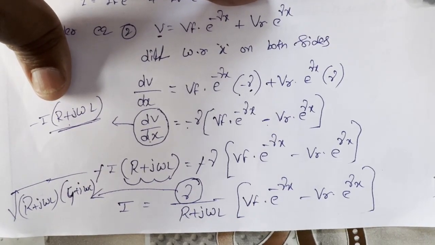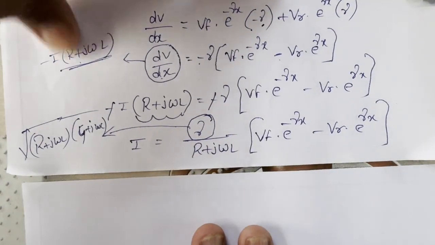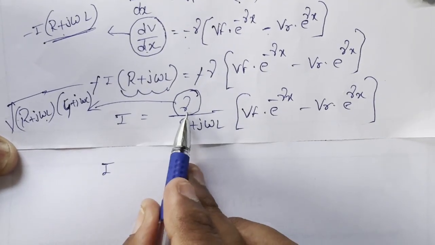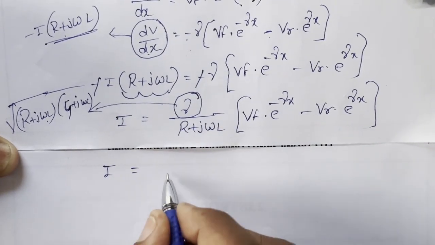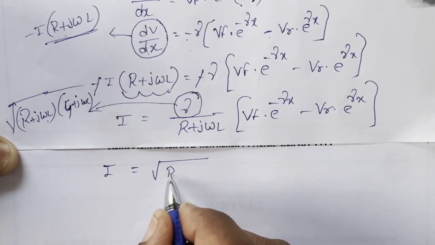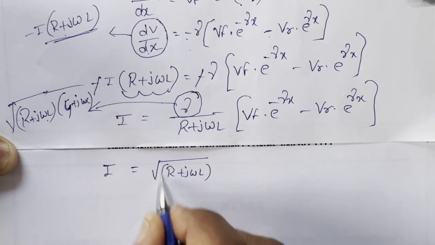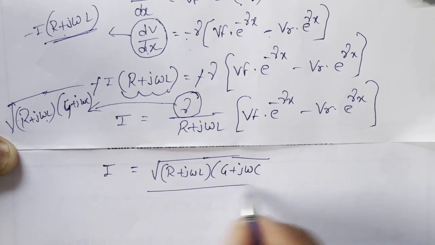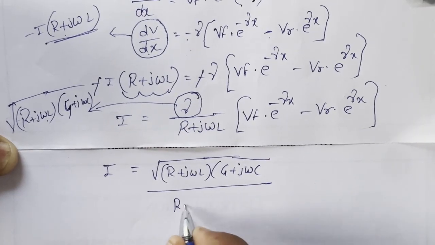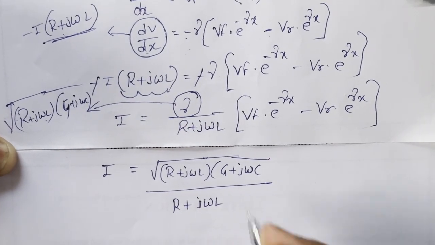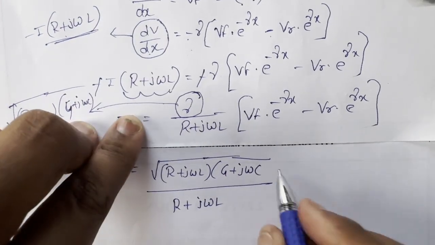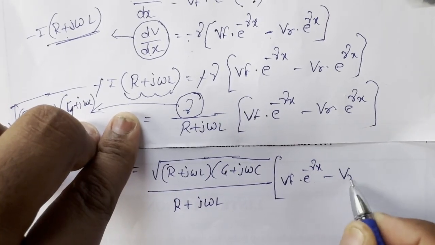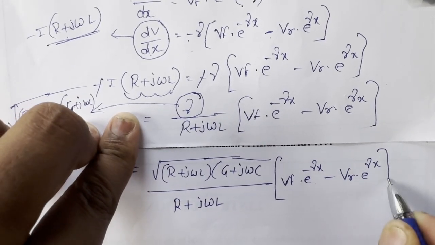So by substituting this value here, then I equal to gamma, which is nothing but the square root of (r plus j omega l) into (g plus j omega c), divided by r plus j omega l, times the rest of the term as usual, into Vf into e power minus gamma x minus Vr into e power gamma x.